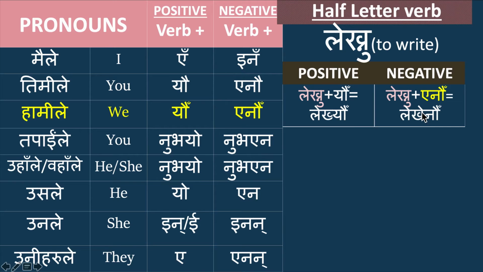If you are again confused between vowel and vowel symbol, I recommend you to watch my previous video and I will provide all the links below in the description box. Now here you can see half kha changes to full kha. A vowel changes to vowel symbol and becomes le, kha, no, lekheno.